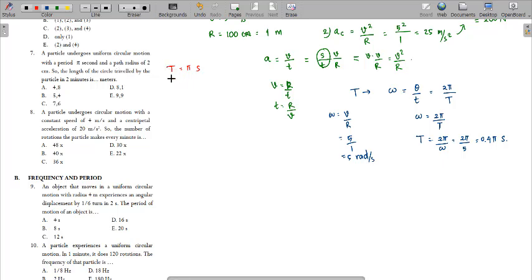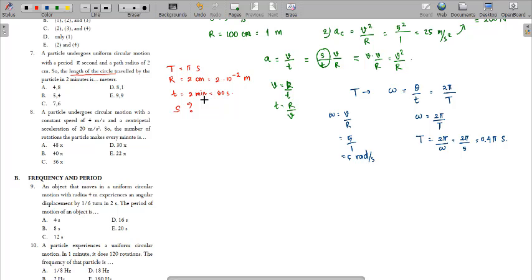And you have path radius, or in bahasa jari-jari, 2 centimeter, change to meter first because you will use meters at the end: 2 times 10 to the minus 2 meters. And the length of the circle traveled by the particle in 2 minutes, you have time 2 minutes, which is 120 seconds. The length of the circle is s actually.